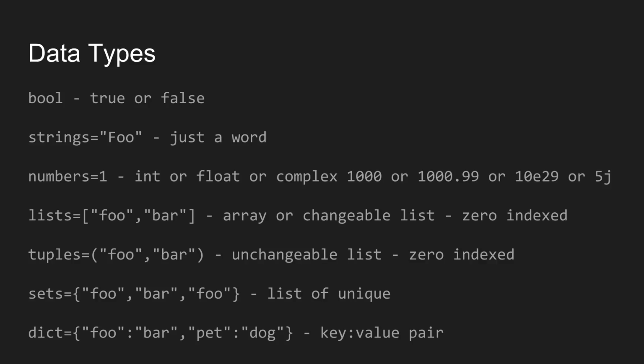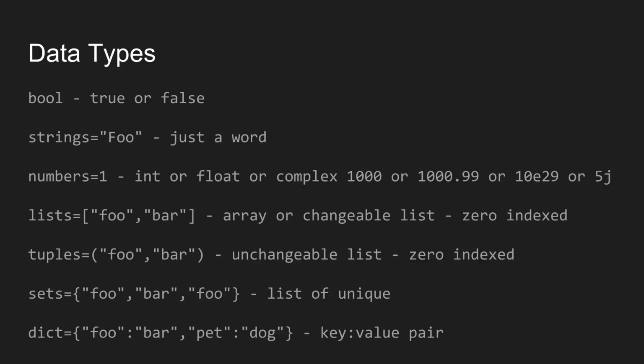All right? Yes. Zero index means that the index starts at 0. When you call out the item within that list, you have to think about starting at 0, 1, 2, 3, 4, 5. 0 is a number. So in those examples, foo is at 0 and bar is at 1.